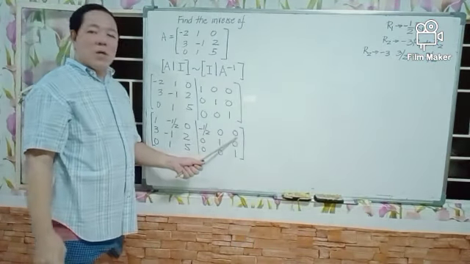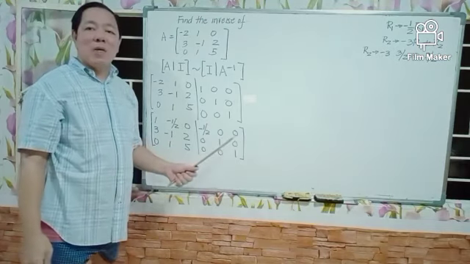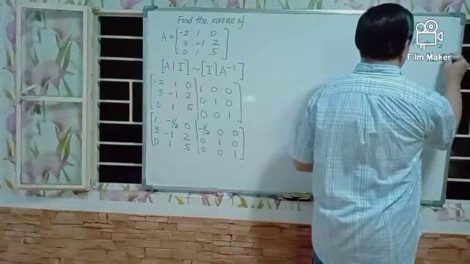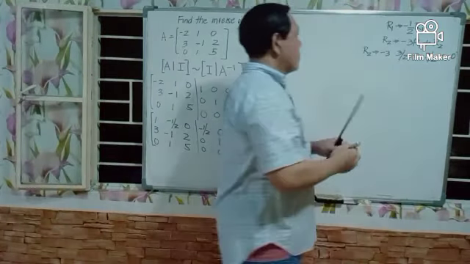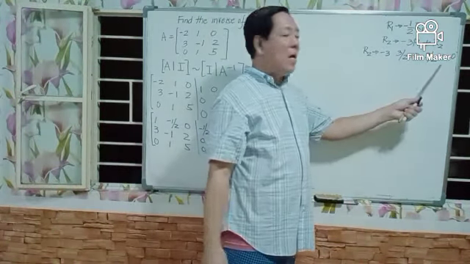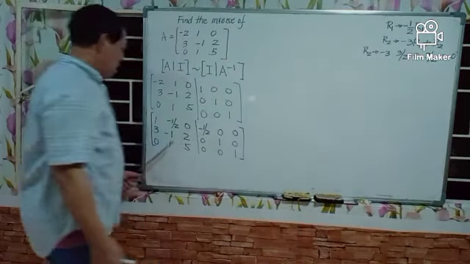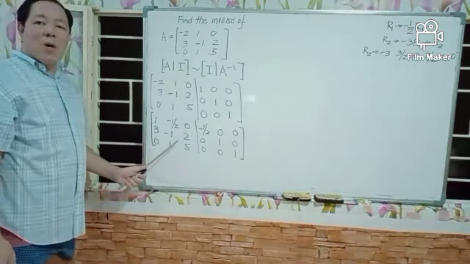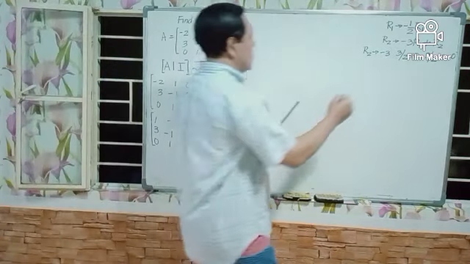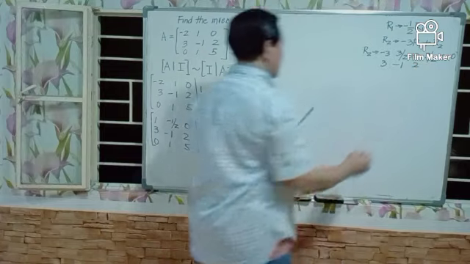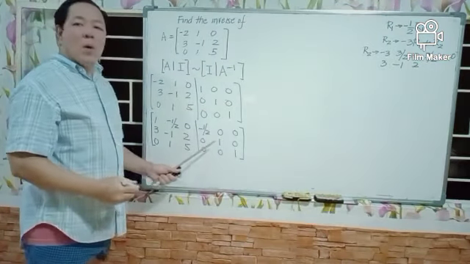And the last two zeros multiplied by negative 3, you get 0 and 0. And to these entries, we add the entries of row 2. They are 3, negative 1, 2, 0, 1, 0.